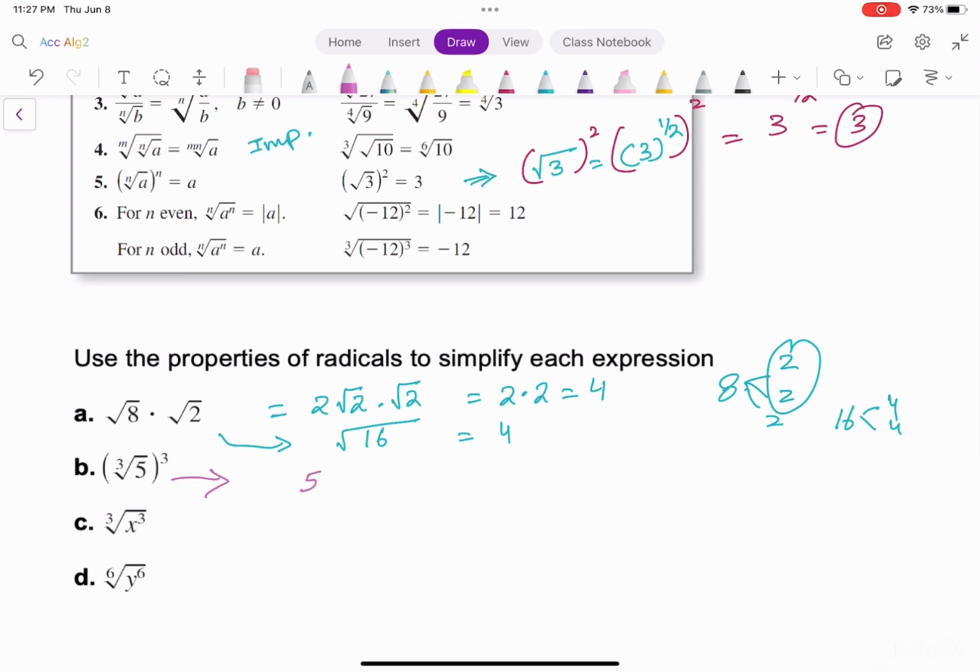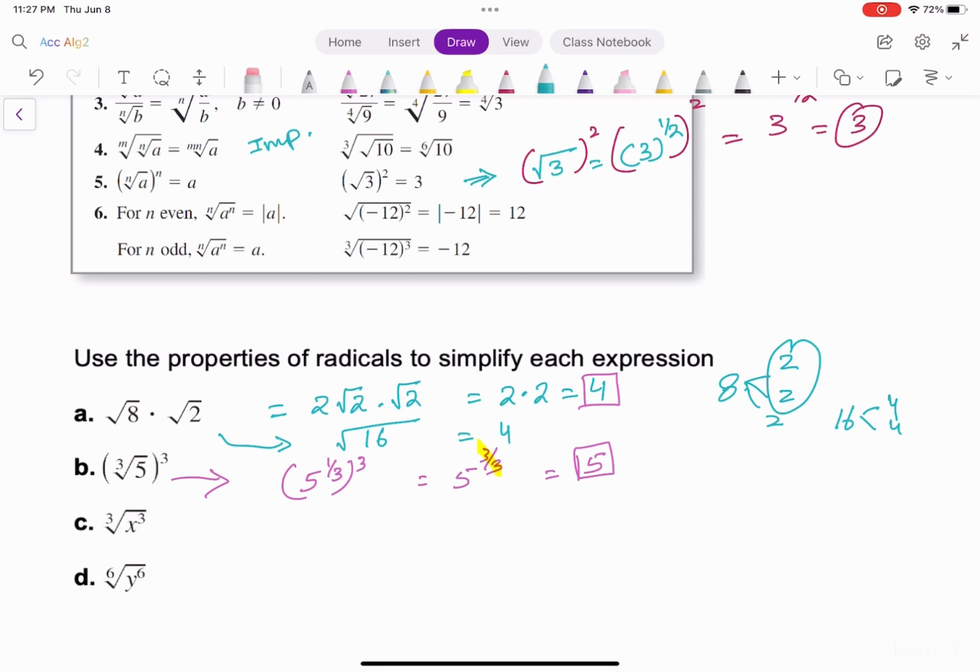Now here, the exponent and the index are both the same. So when the index and the exponent are the same, we are just left with the number. So the answer is only 5. So always check what the index is and what the power is.